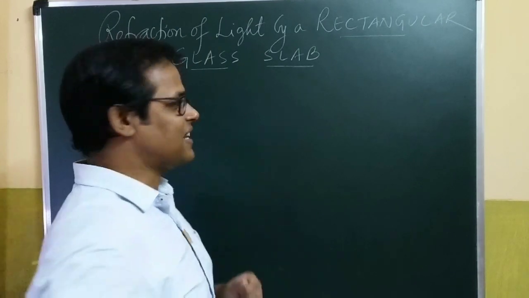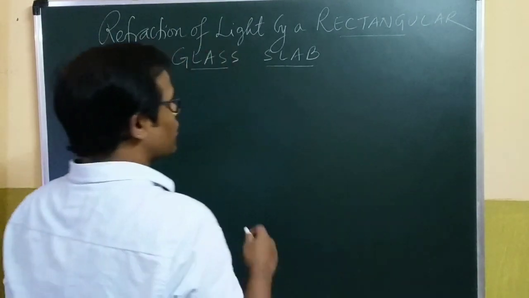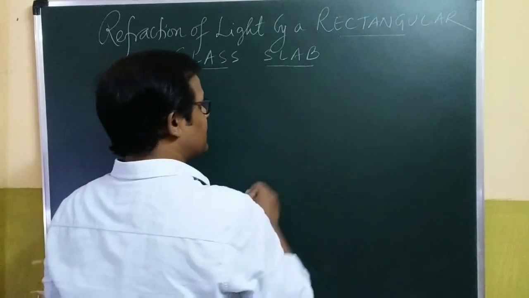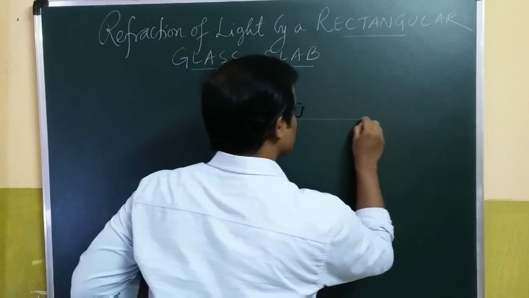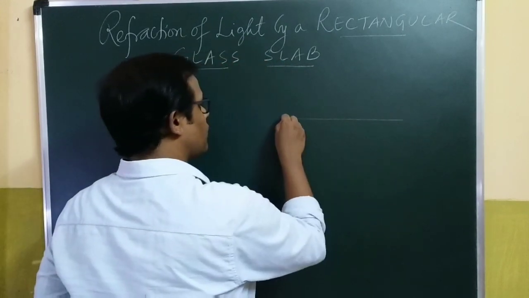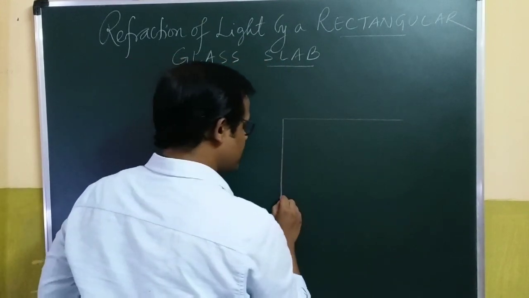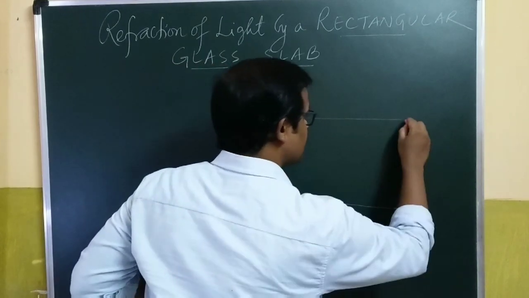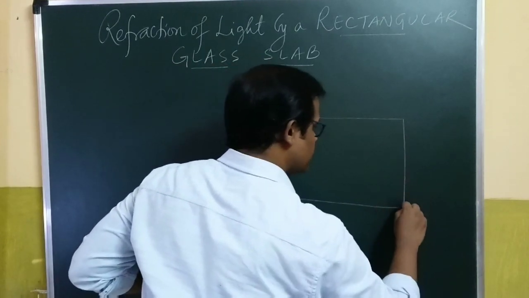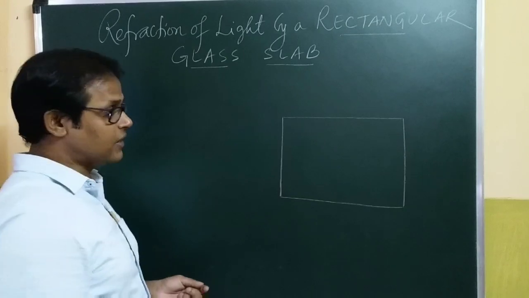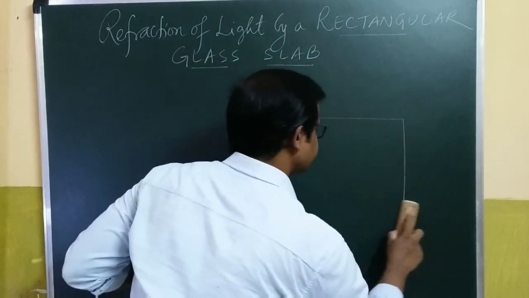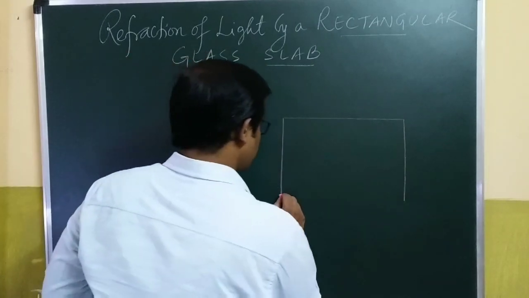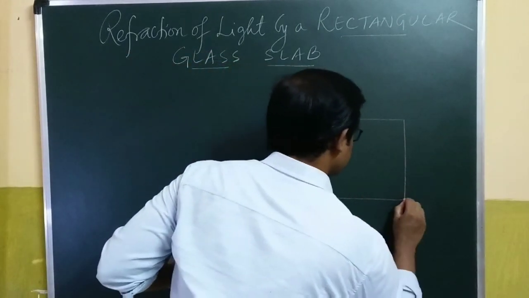So let's get started. When I talk about a rectangular glass slab, my dear, it looks something like this. Let me try to draw a 3D visual of a rectangular glass slab. As the name itself suggests, the geometrical shape is a rectangle. This is your rectangle.